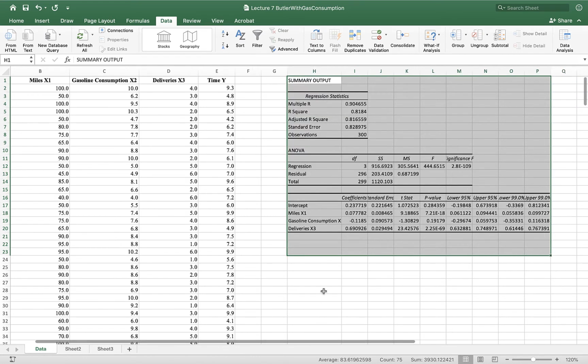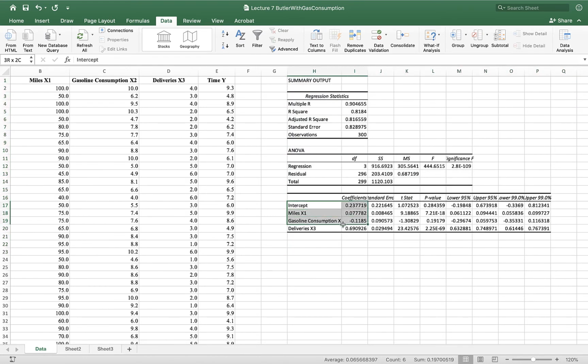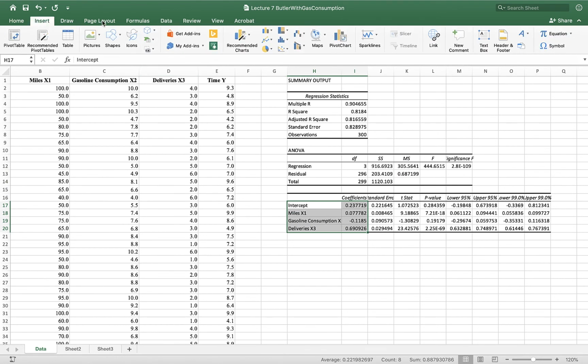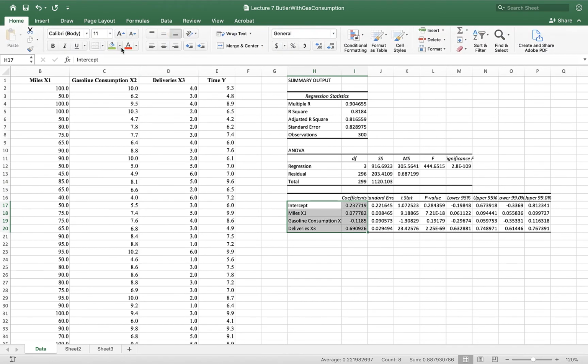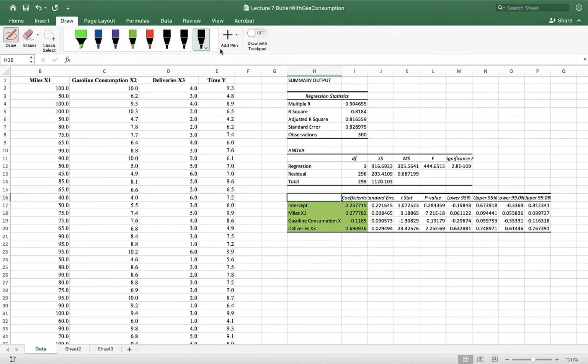So what's this telling us? We can look here to see what our linear regression model is recommending to us, and put those values in now. So what does our model look like? Our model looks something like this: y hat equals b0 plus b1 x1 plus b2 x2 plus b3 x3.